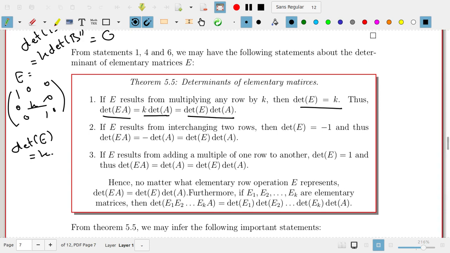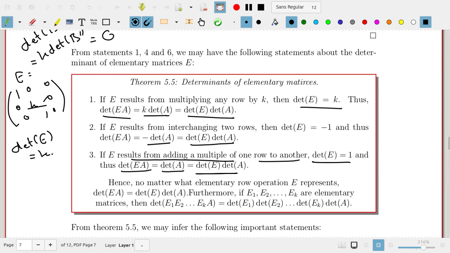Now if E results from interchanging two rows, then the determinant of E is -1, because you just switch signs. Therefore the determinant of EA is the negative of the determinant of A, which is the determinant of E times the determinant of A. And if E results from adding a multiple of one row to another, then the determinant of E is 1, and the determinant of EA is equal to the determinant of A, because adding a multiple of one row to another, as we saw in the previous theorem, does not change the determinant.